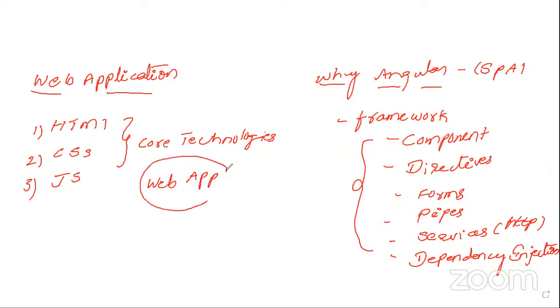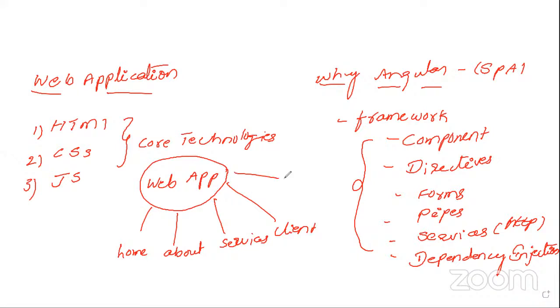So this is a group of pages. So the home page, there will be an about page. Generally, there will be a services page, what services the company is providing. There will be a client page and contact. So think about it.